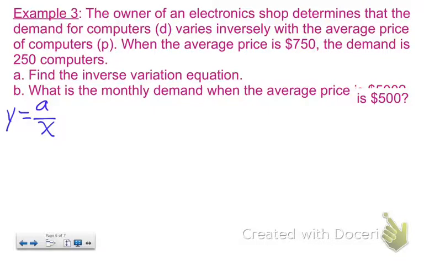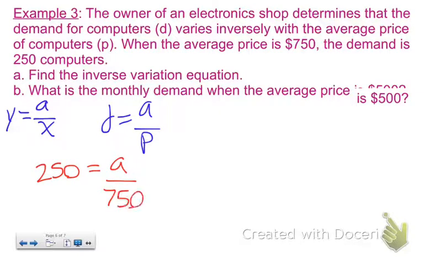In this case, instead of y and x, D varies inversely with P, so we have D equals A over P, and we can plug in a price of $750 and a demand of 250, so 250 equals A over 750.